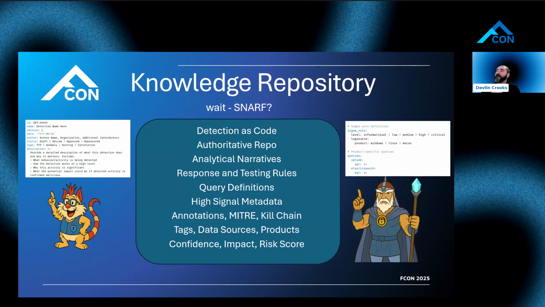So we want our authoritative repo that has all our definitions for detections, response runbooks, testing rules, analytical narratives that explain why we have detections, and our query definitions. They're populated with high signal metadata, annotations, MITRE, kill chain, anything else you can think of, any tags. What data sources do they draw from? What required fields do they need? What products are they used in? Their confidence, impact, and risk score using risk attribution.